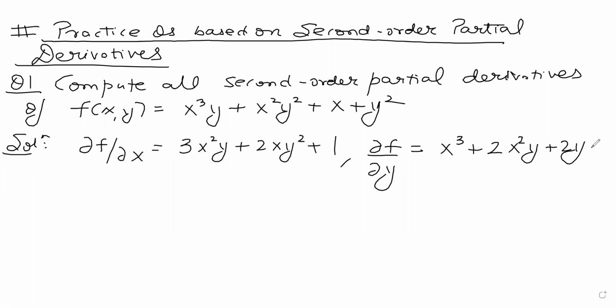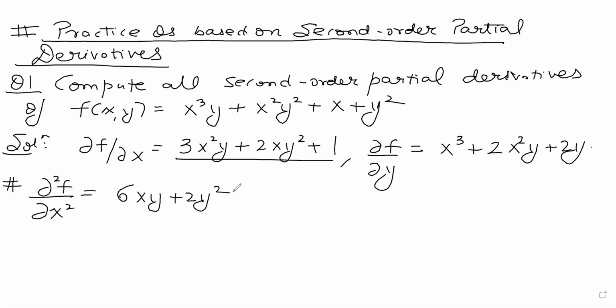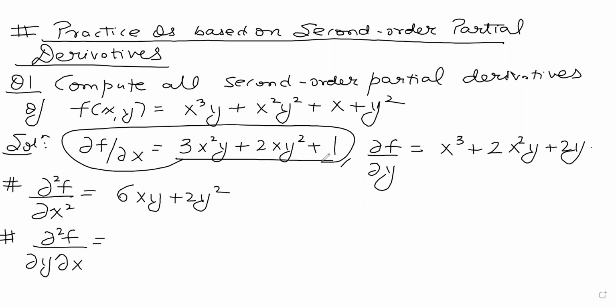Now from these first order partial derivatives, we can find all the second order partial derivatives. Del square f by del x square will be differentiate del f by del x again with respect to x, 6xy plus 2y square. Then del square f by del y del x will be differentiate del f by del x but with respect to y. You get 3x square plus 4xy.